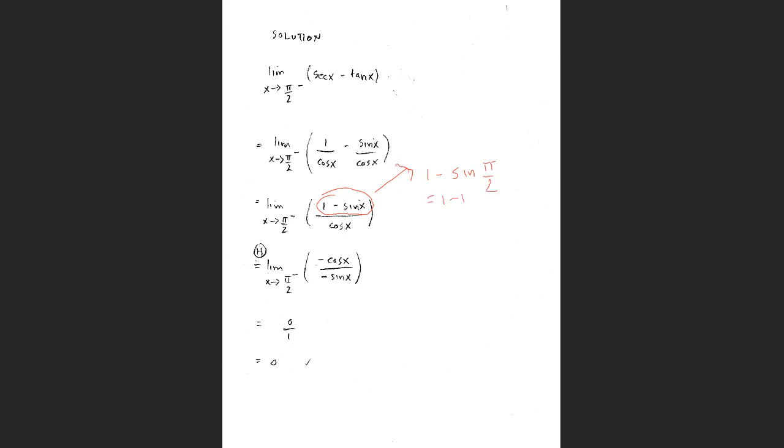That's 1 minus 1, that's 0. On the other hand, the cosine of x is going to approach the cosine of pi over 2, and that's 0 also. So you have now an indeterminate form of 0 over 0, and you can apply L'Hopital's rule.